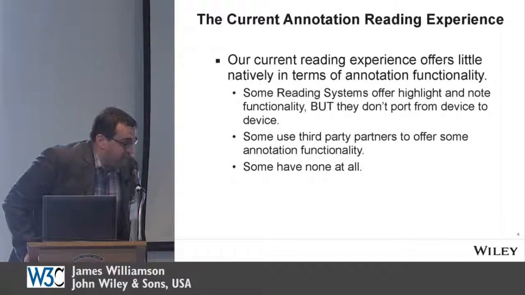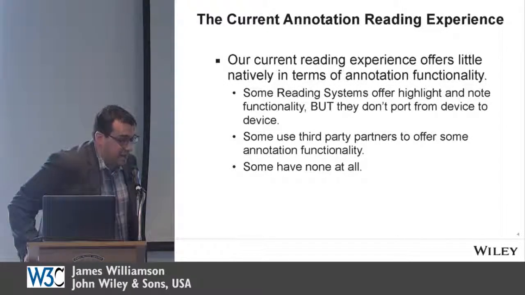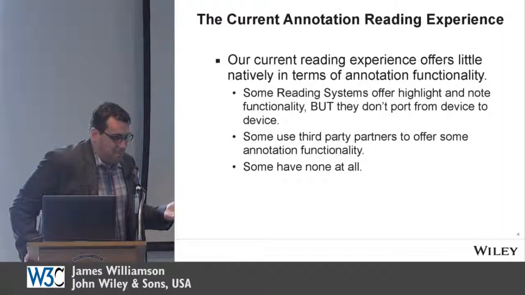And some have no functionality at all to allow readers to make notes or highlight or annotate, which can be frustrating depending on the topic you're reading. If it's fiction, you might not care, but if you're reading something more technical or a textbook, you probably want to make notes. You want your e-reading experience to at least be up to par with a pen and paper that you can take notes in your textbook with.